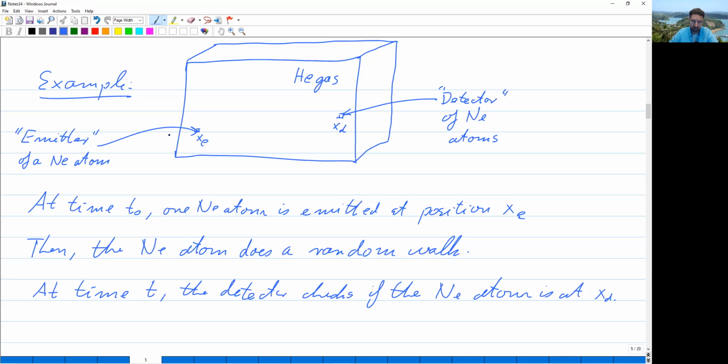In practice, of course, we can't really localize these particles in a point and measure them at a point. It's always to be thought of as a little volume there, that we localize our neon atom initially, and then a little volume in which we look for the neon atom later on. But we don't want to be bothered with describing exactly the shape and size of that volume and all of that.